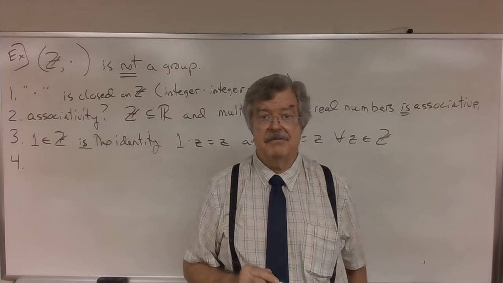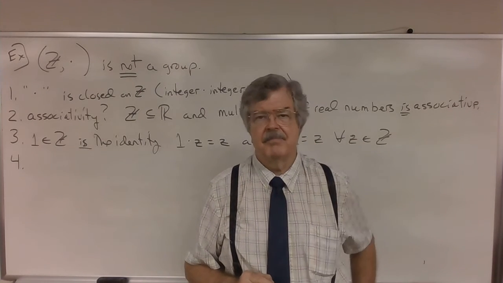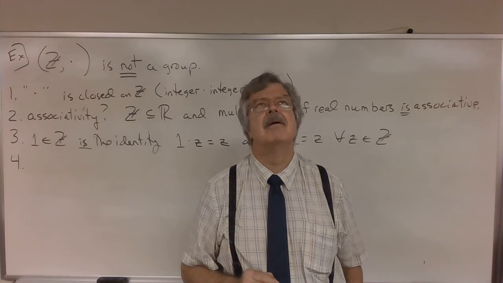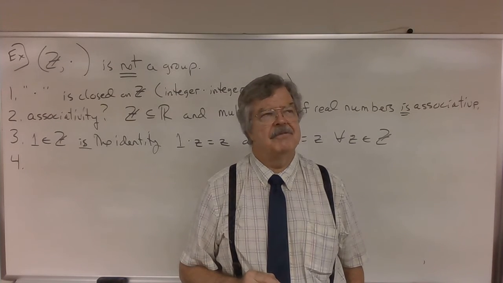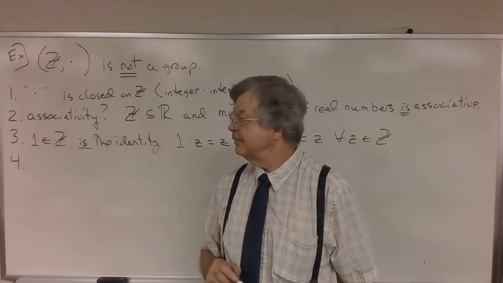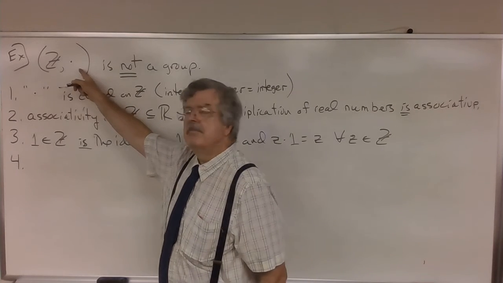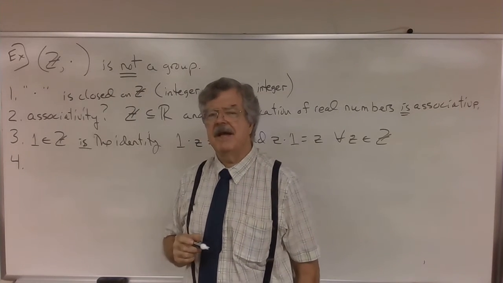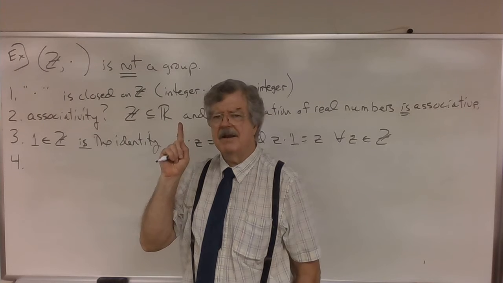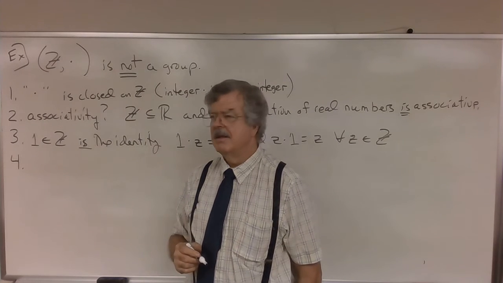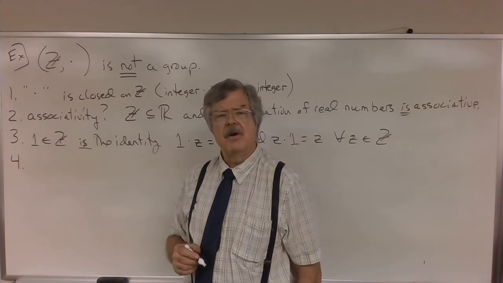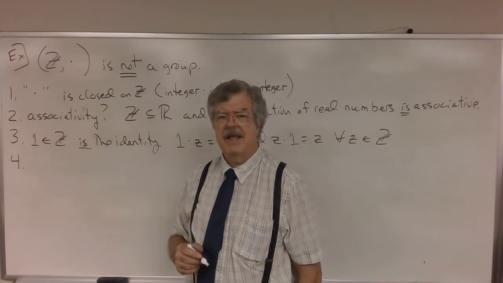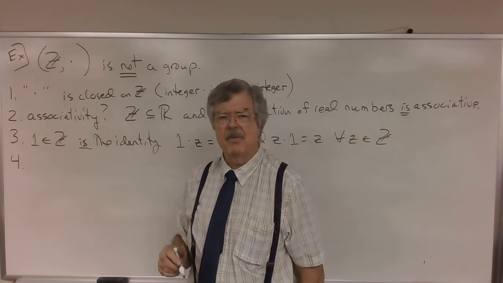Most of the positive numbers are a problem. An element has an inverse if we can multiply that element by some other element in the set and get the identity 1. You know what? It looks like the only two integers that have an inverse are 1 and negative 1.